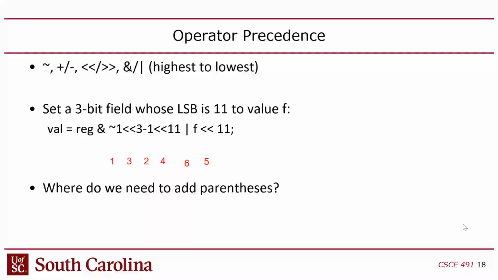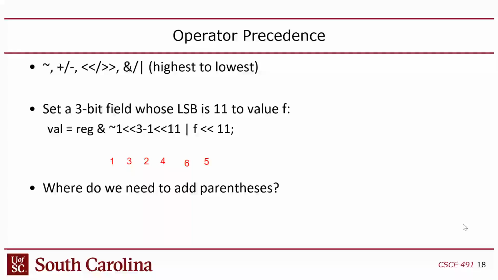I want to set that field to the value F. So I want to put the value F into bits 13 down to 11, right? I should have written that there, sorry. Yeah, I want to set a 3-bit field whose least significant bit is bit 11.